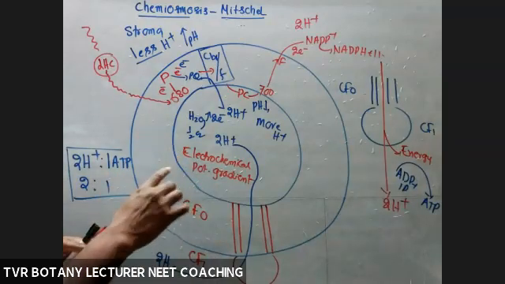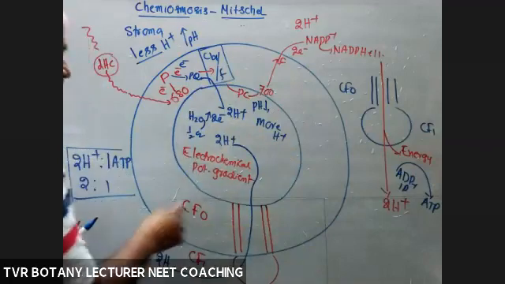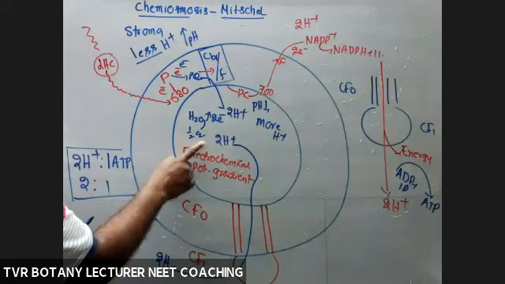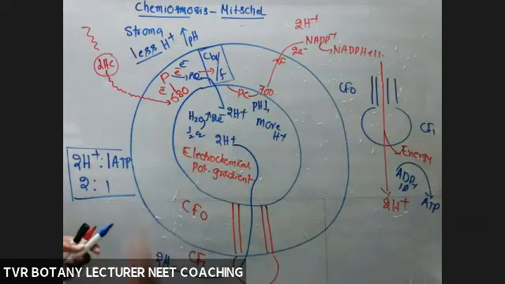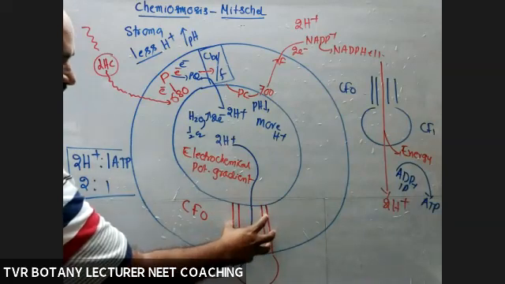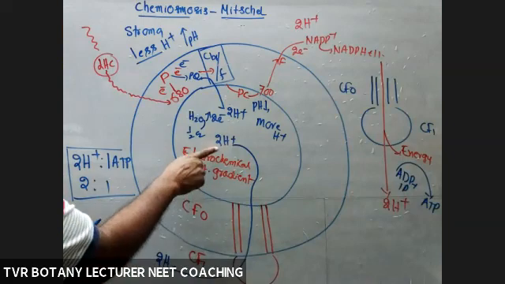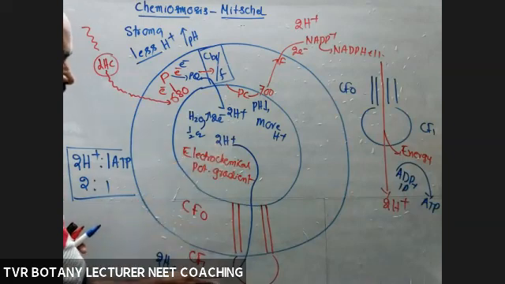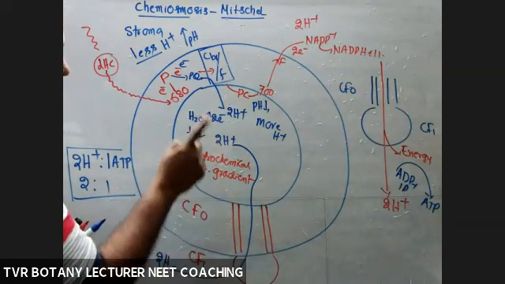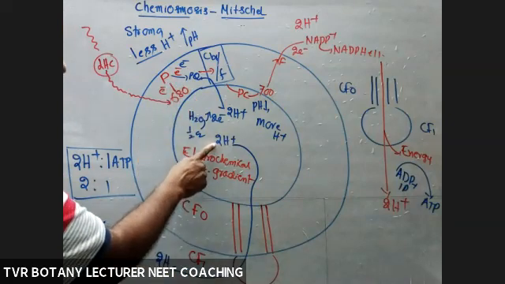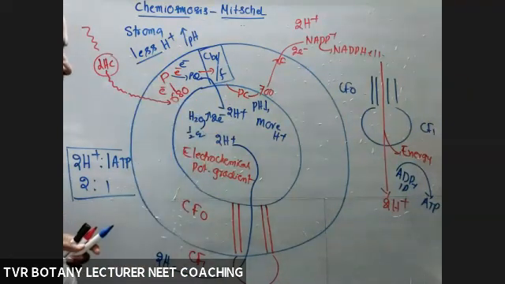According to chemiosmosis requirements: membrane required, proton concentration gradient, ATP synthase complex. So this complex is able to break a proton concentration gradient by transporting protons from lumen to stroma. If the proton concentration gradient is broken, ATP synthase is able to synthesize ATP molecule.